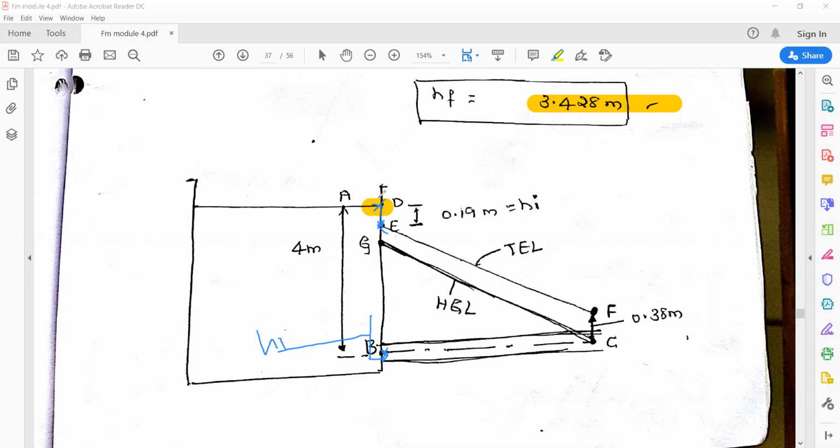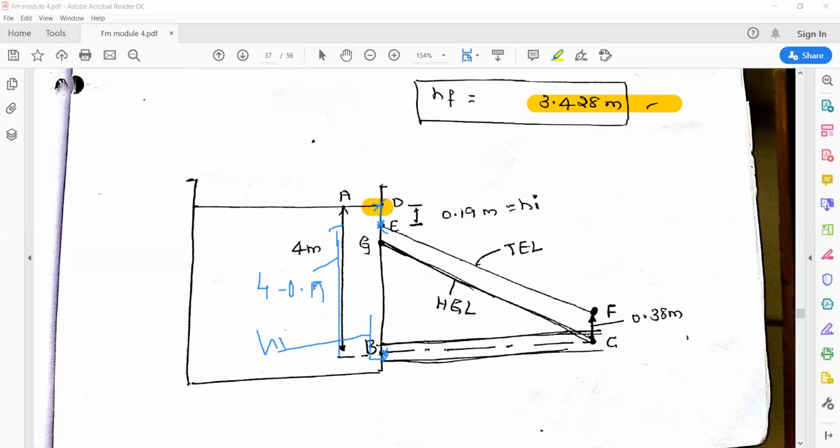From D, you measure the height 0.19 meter, HI, or 4 minus 0.19. So from here to here, 4 minus 0.19.